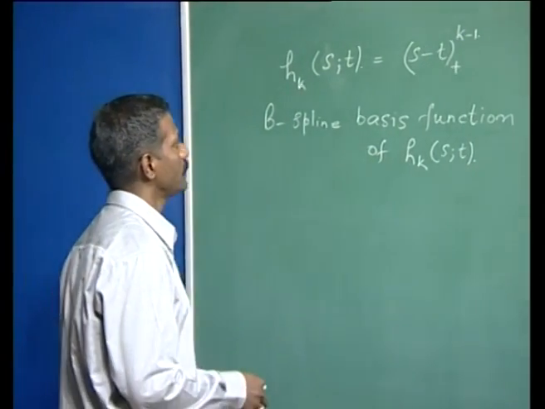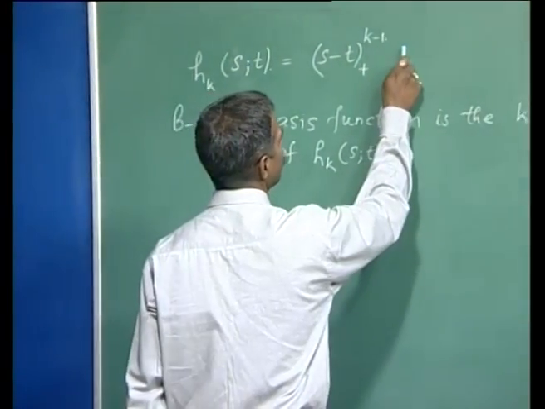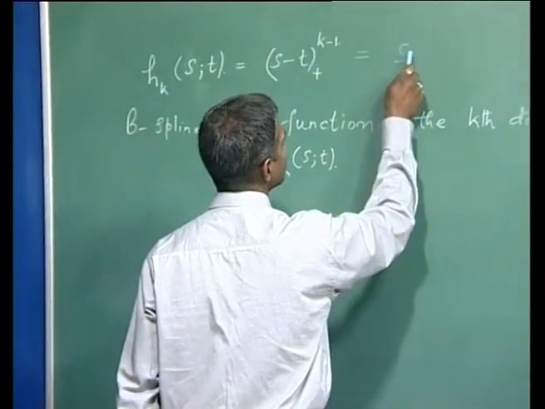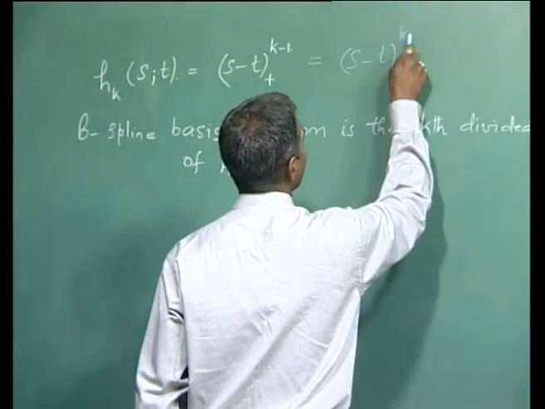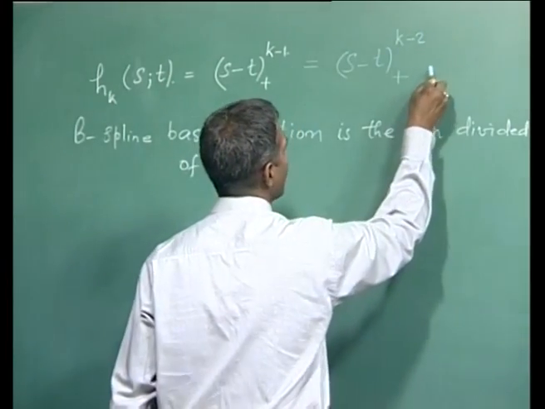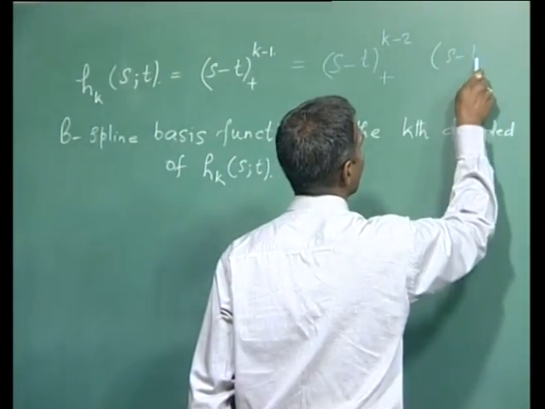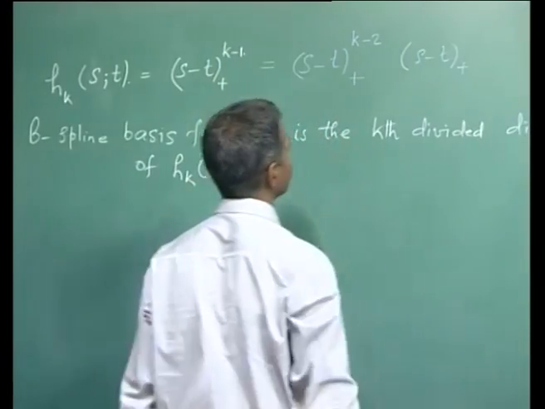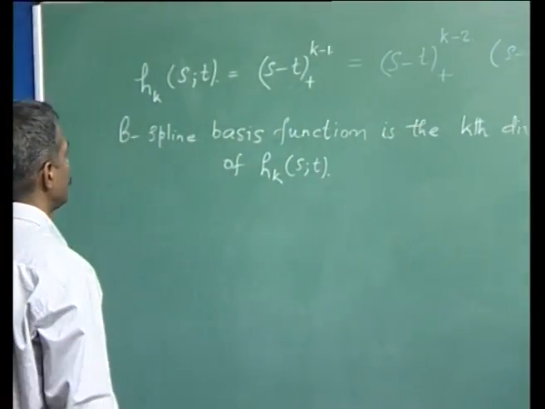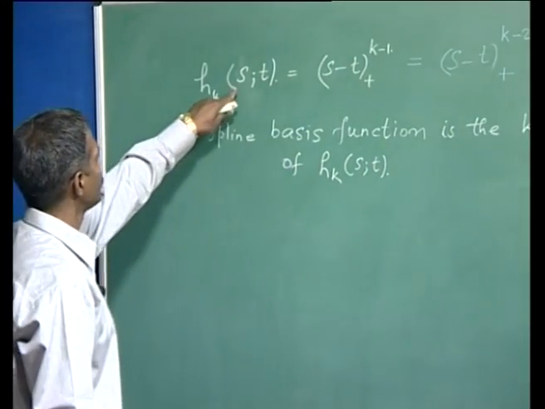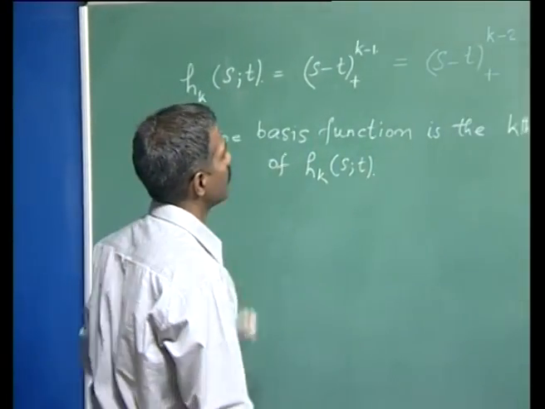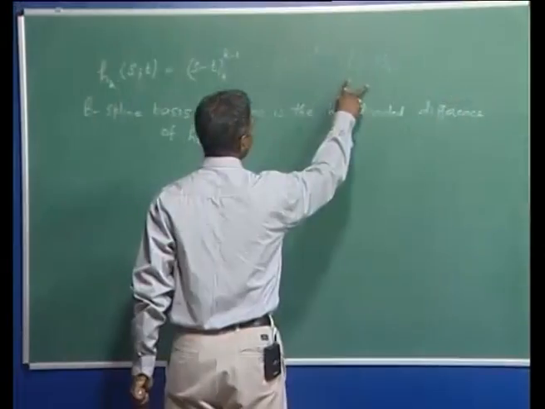Let me go back a little bit, and let me rewrite this thing as (s minus t) truncated to the power k minus 2 times (s minus t) truncated. So I can write h_k(s; t) in terms of the product of two functions.